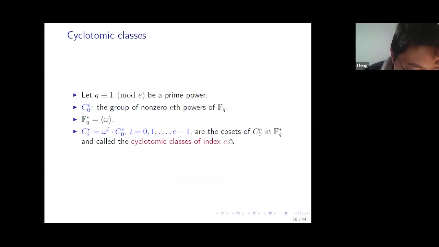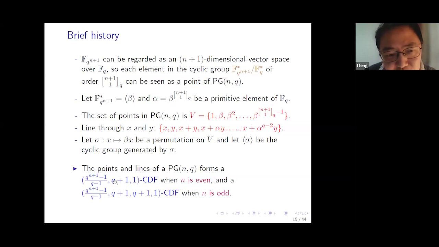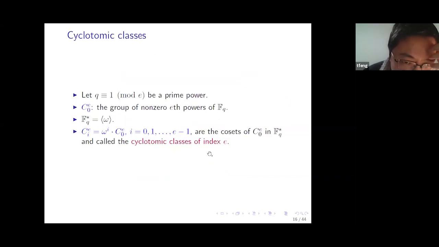Of course, we want to know how to construct other cyclic difference families, not with these parameters, for example q plus 1, where q is a prime power. So how to do it? One approach is to use cyclotomic classes. In the following, first I will give some examples of how to use cyclotomic classes to construct cyclic difference families.